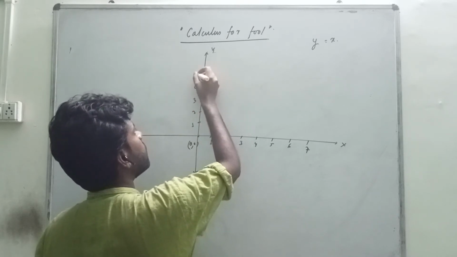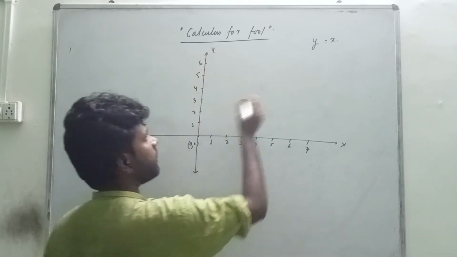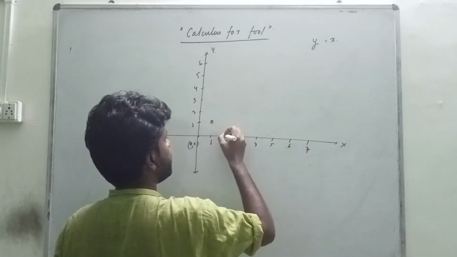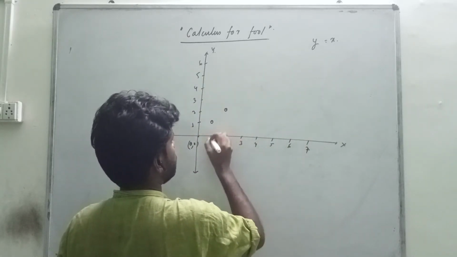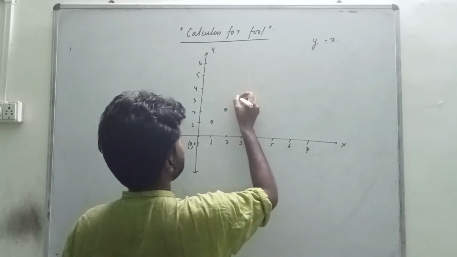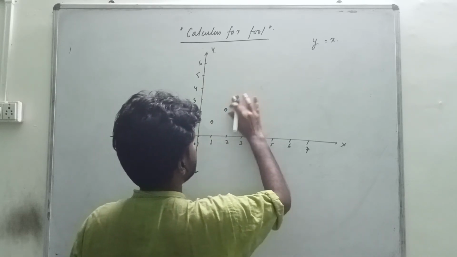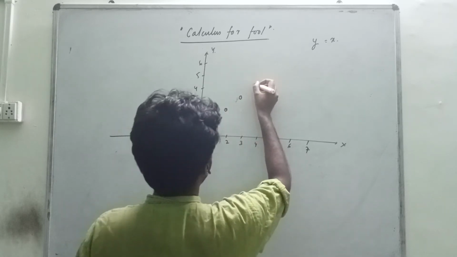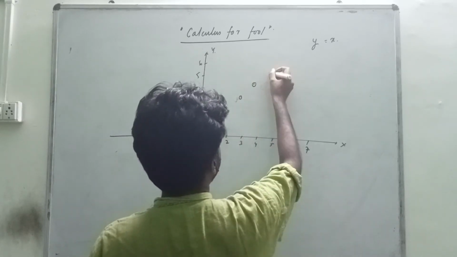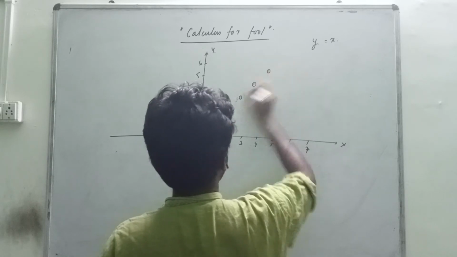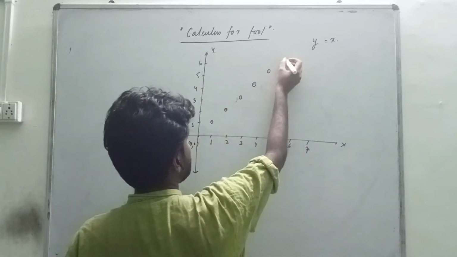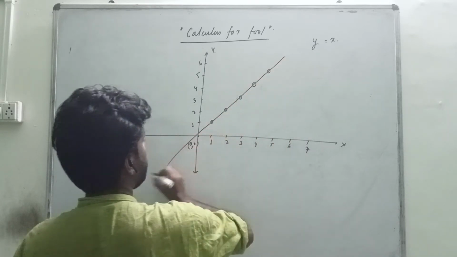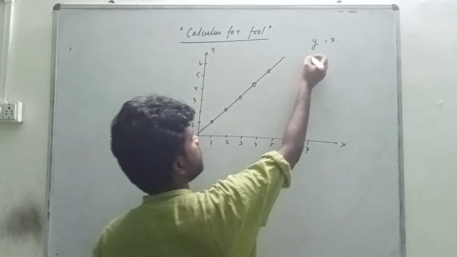I'll just keep the scaling here: 3, 4, 5, 6. And if I just draw this graph with our previous sense, the 1, 1, 2, 2, the 3, 3, 4, 4 here, is 5, 5 here. If you just draw this straight line over here, you will get y equals x, right?